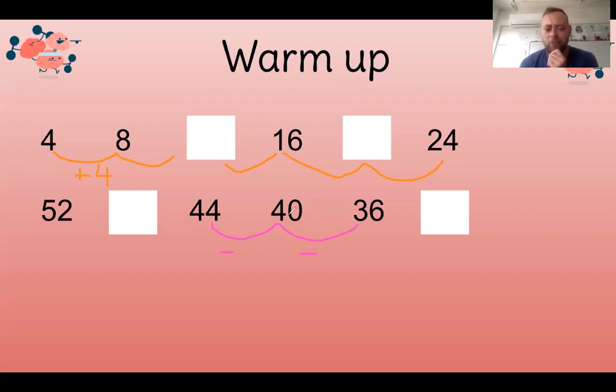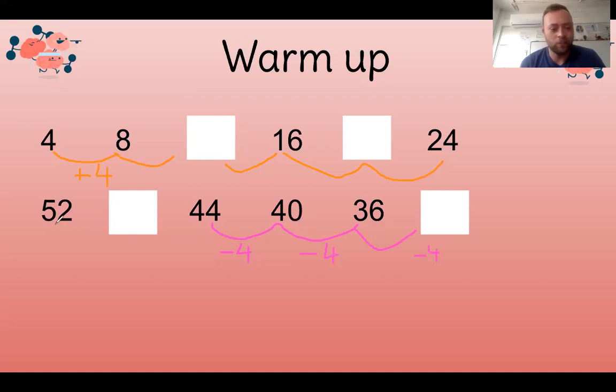44 take away something equals 40. Or 44 take away 4. Now let me just check, because there's another number here, that this is also subtract 4. So 40, 39, 38, 37, yeah. Which means this one, I'm going to take away 4.